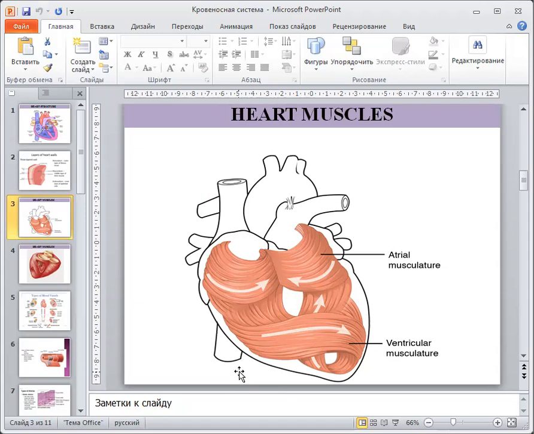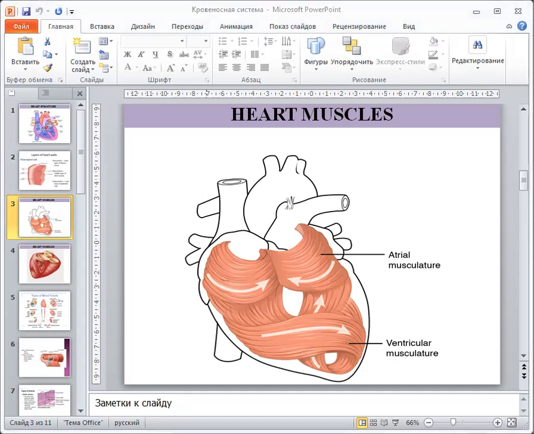The deep layer is longitudinal fibers. The ventricle musculature consists of 3 layers. Thin superficial layer is longitudinal fibers. Intermediate layer is circular fibers. Inner layer is longitudinal fibers.